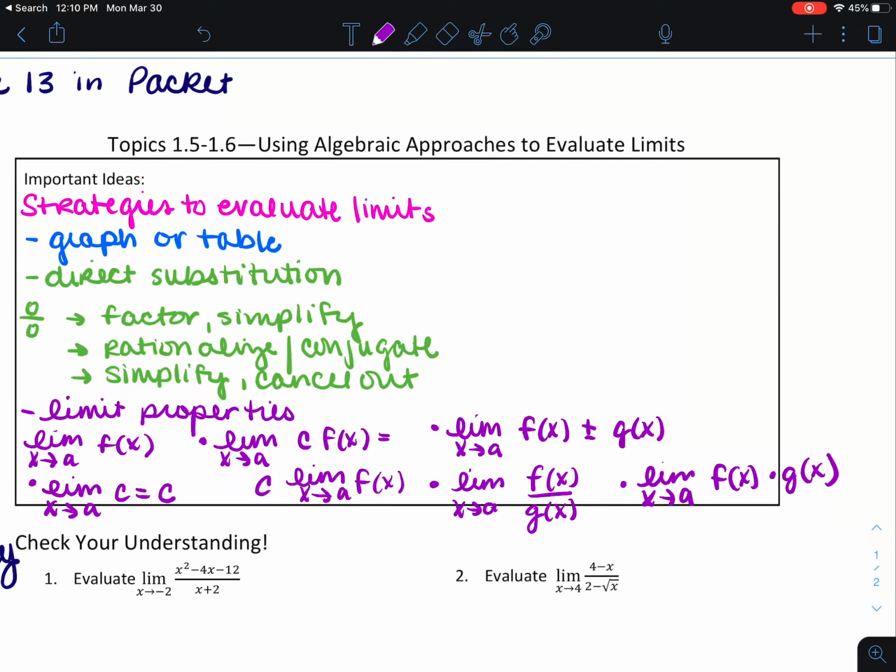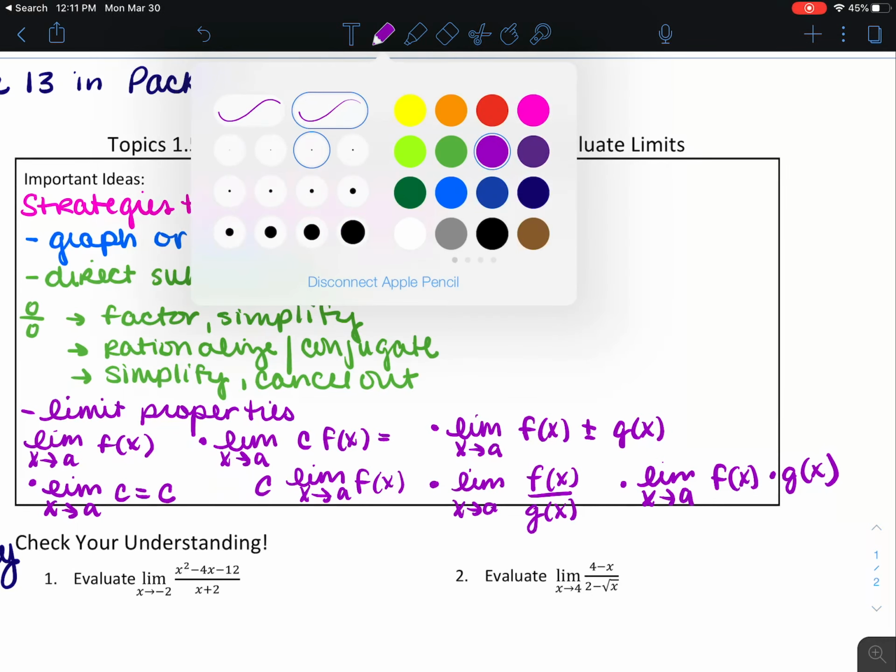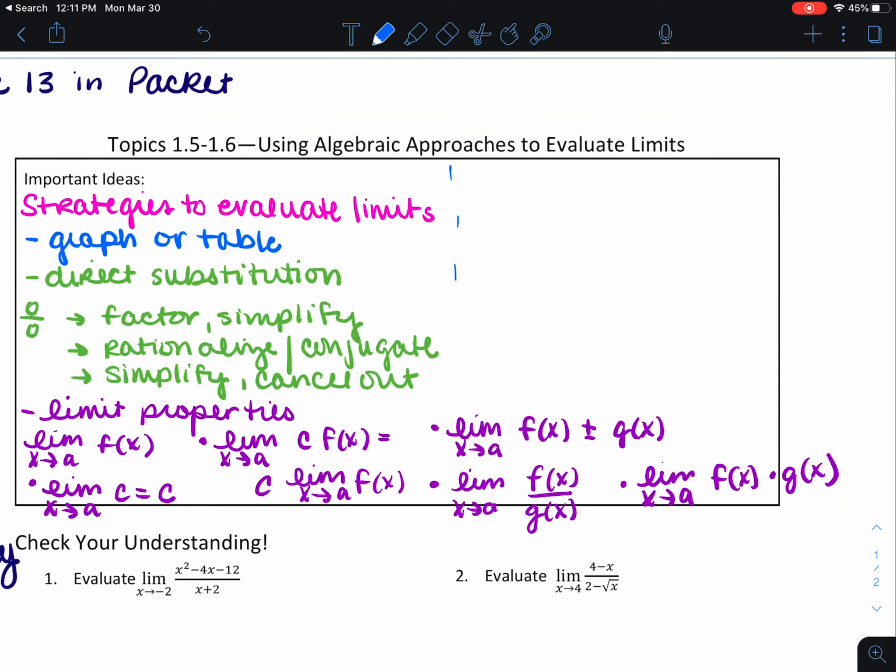The last thing I want to put in the Sarah box is what kind of answers you could get. So if you have a number over 0, this is going to be plus or minus infinity, trying to figure out where the graph is going. If you have 0 over a number, the answer is just 0. Remember that k here cannot equal 0.